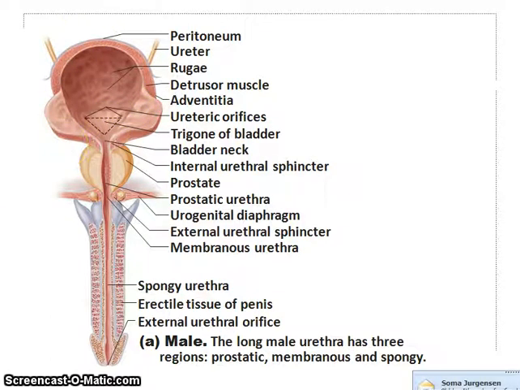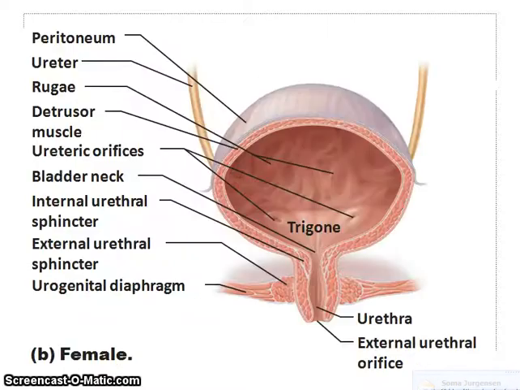Let's compare this to the female system. Here's the bladder again, very similarly shaped. But look at the difference in length of the urethra. We're talking a very, very short distance compared to the males. And that's why it's so much more common for females to have urinary tract infections, because for bacteria to get up into this bladder, it has such a short distance to travel.